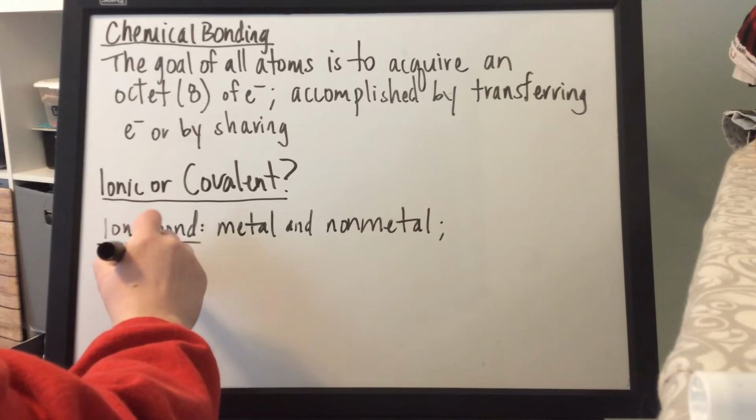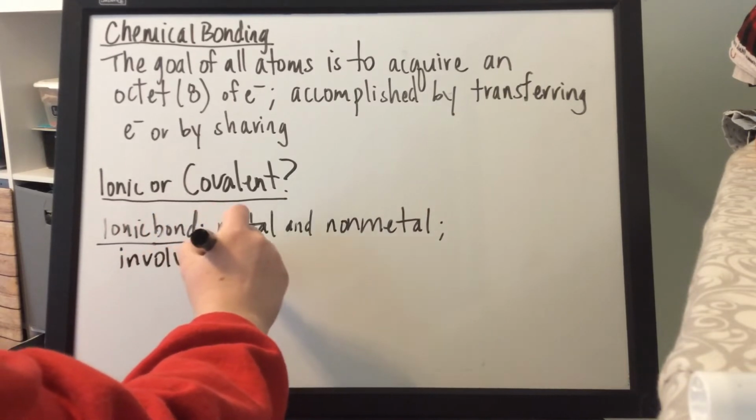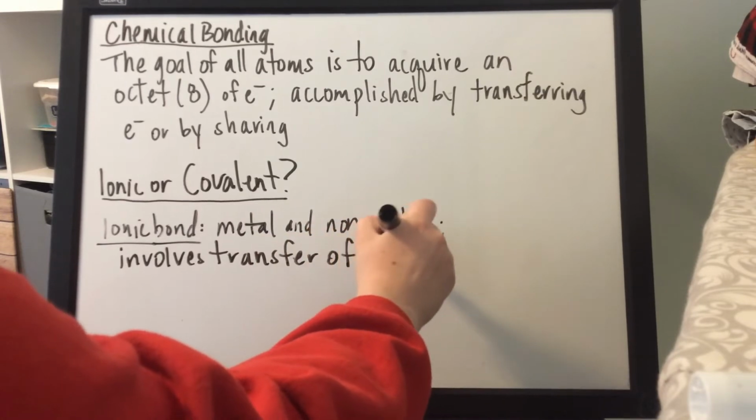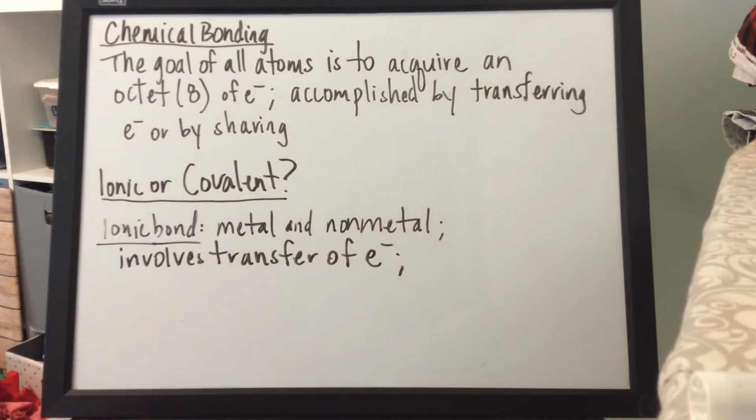And it involves the transfer of electrons. Okay, remember transfer means giving or taking of electrons. Of course, your metals are on the left of your metalloid line and your nonmetals are on the right, so we have to keep that in mind.